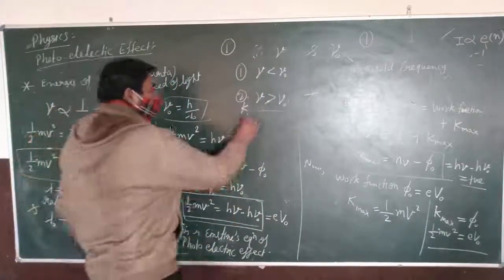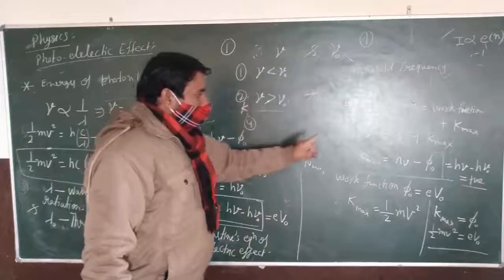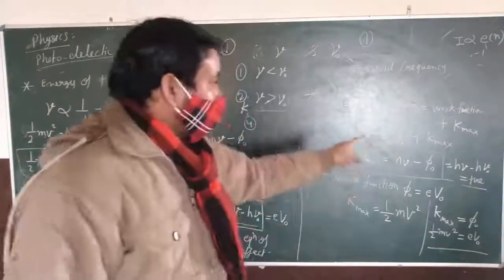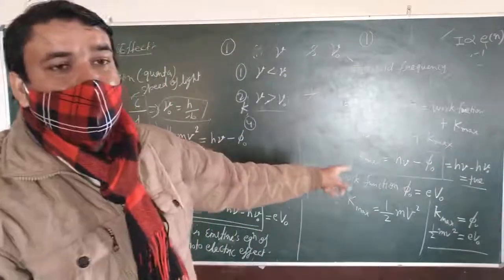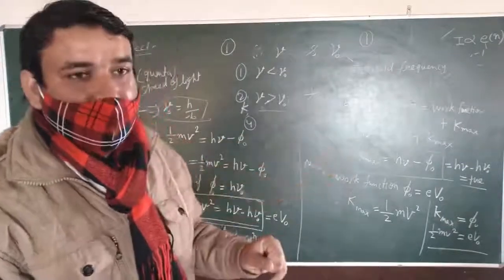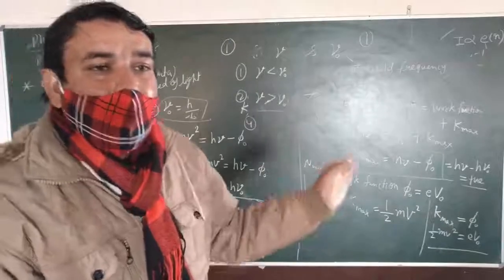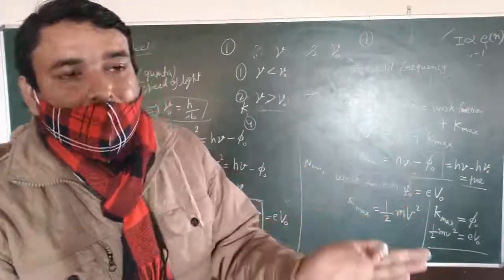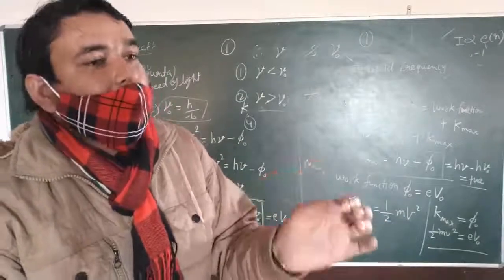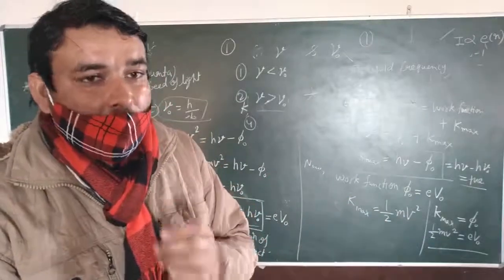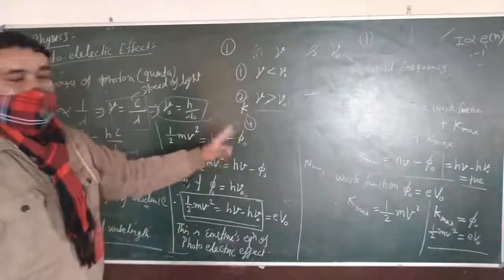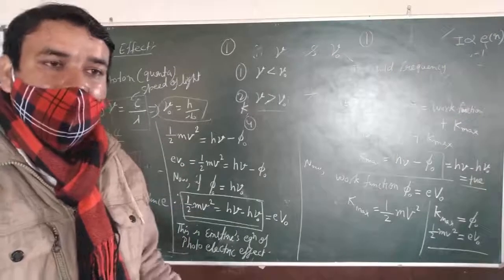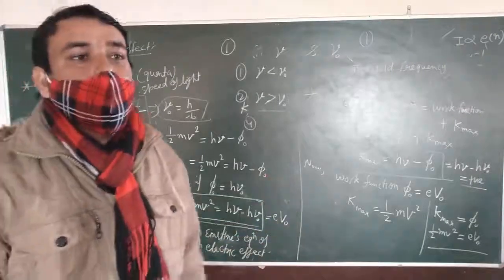And next is the fourth. When light of appropriate frequency is incident on the photosensitive material, the electron emits from the surface without taking a moment of time; the process is spontaneous. Okay, so this is how Einstein explained the photoelectric emission laws on the basis of his photoelectric equation.